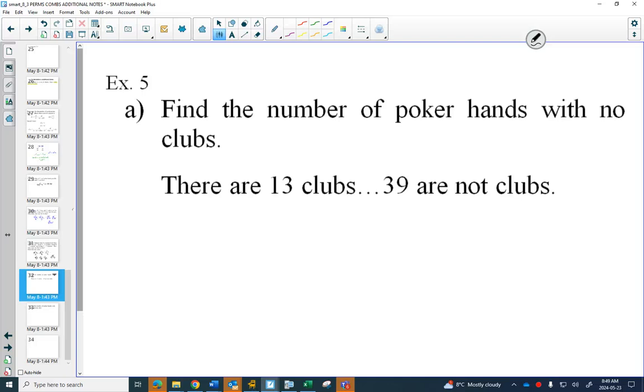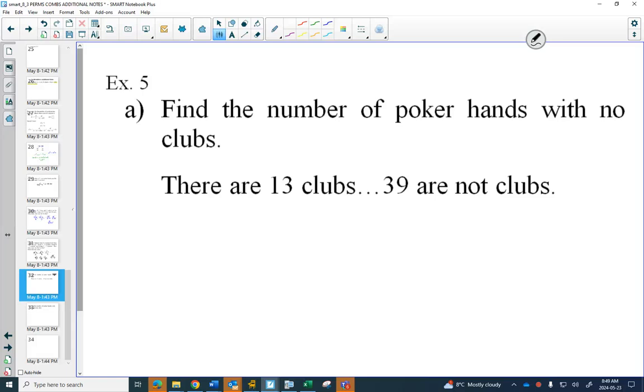So sometimes with counting, we think, well, if I have my 52 cards here, how could I guarantee that you don't get a club when I give you 5? I just take the clubs out. Now when I give you 5 cards, will you get a club? No. That's a pretty good strategy.